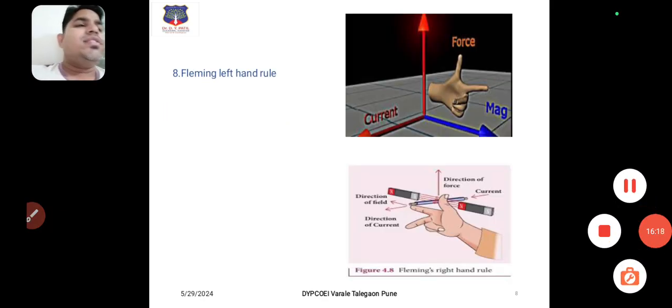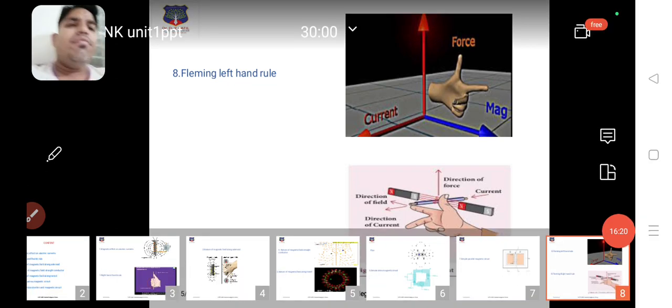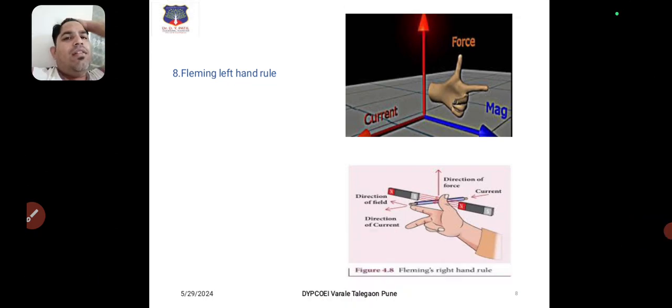It's very simple. Fleming's left hand and Fleming's right hand. When we have to write about them, we have to remember the same two sentences.